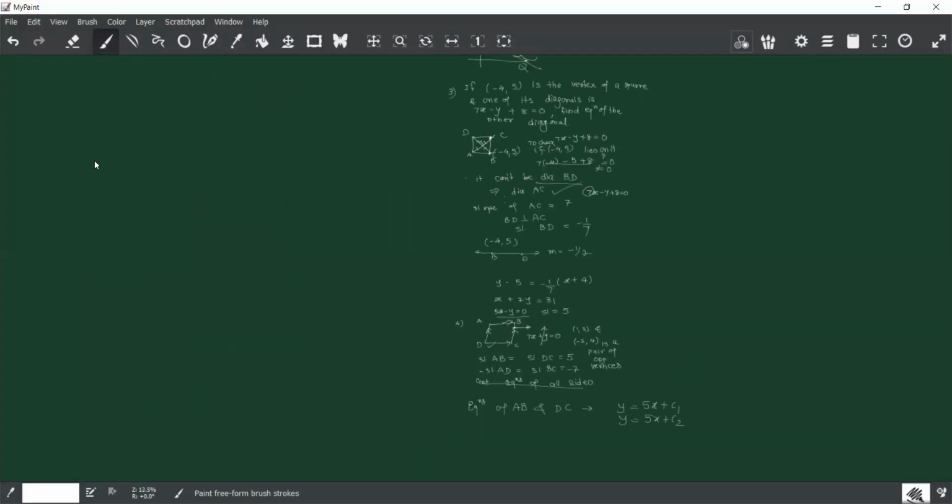I'll show you here so that you can see the figure by the side. मैंने अगर A को पकड़ा 1, 3, उसका opposite vertex हो गया C -2, 4. Correct?